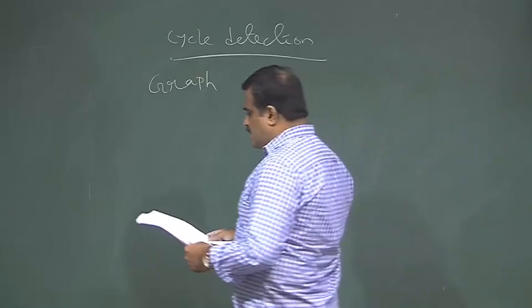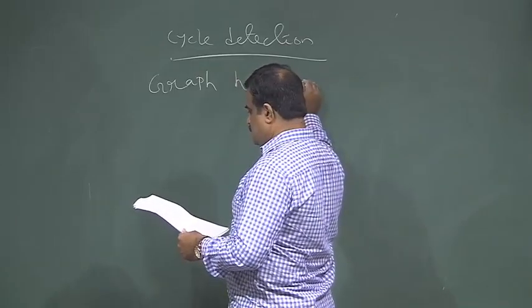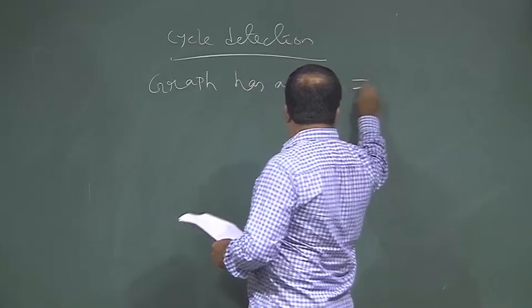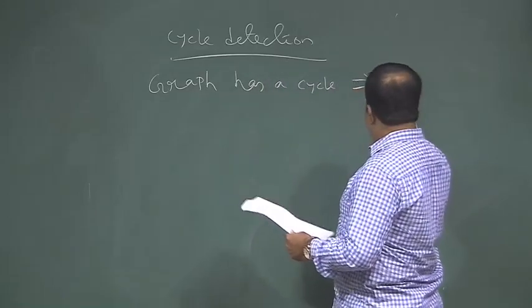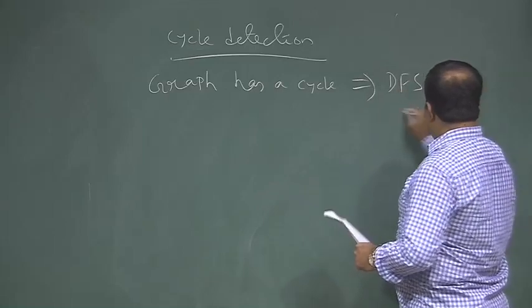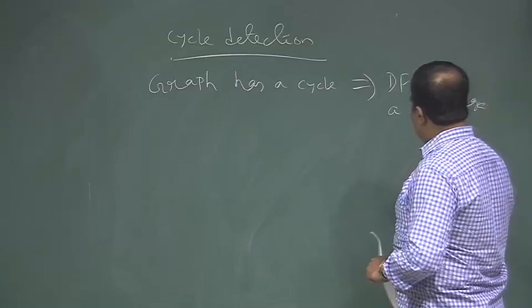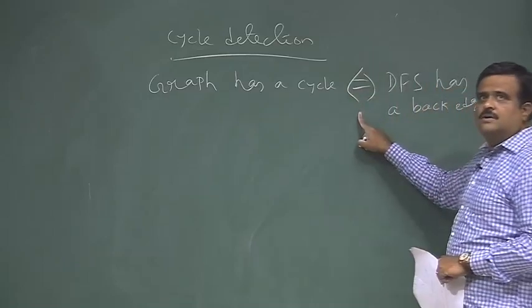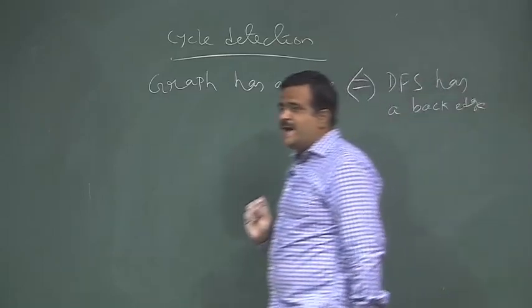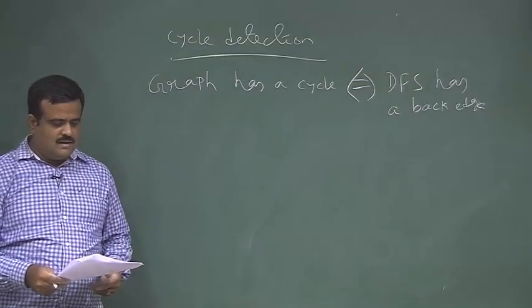Given a graph has a cycle implies that if we run the DFS, the DFS has a back edge. This is vice versa. So, if DFS has a back edge, then it has a cycle.